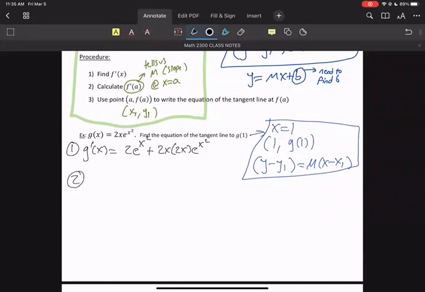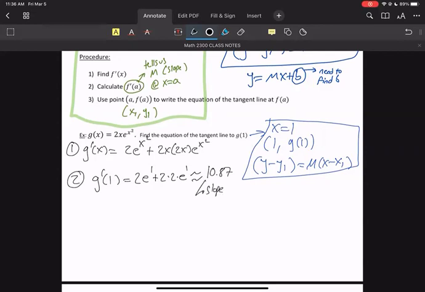Just plug that number in. And I did this before, and so I plugged it into a calculator and got approximately 10.87 if you'd rather work with a decimal. All right, so that's the slope.